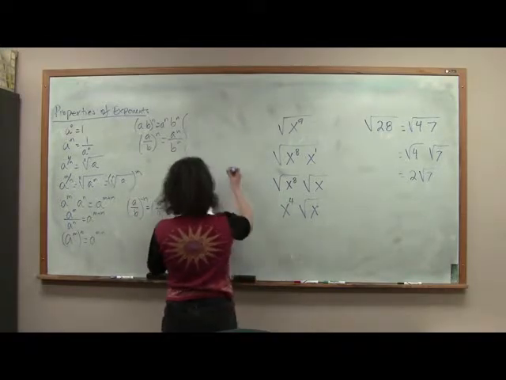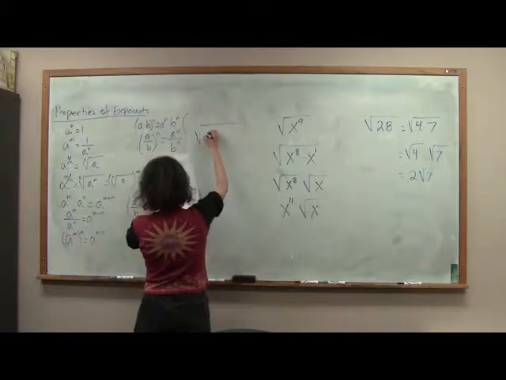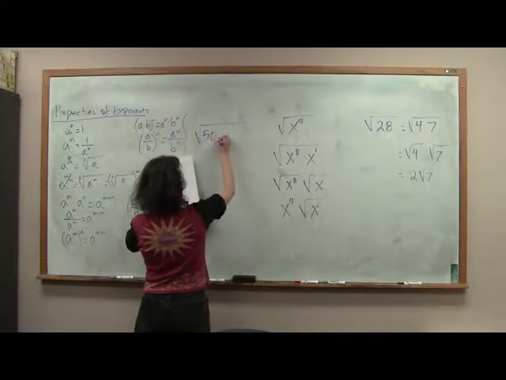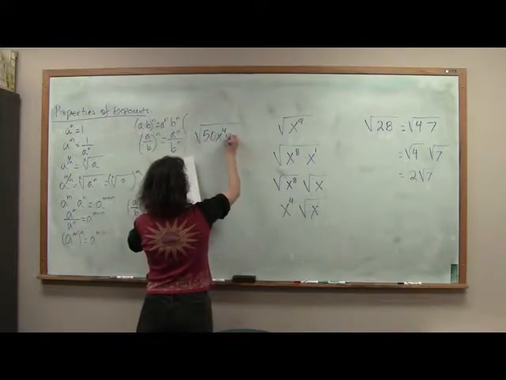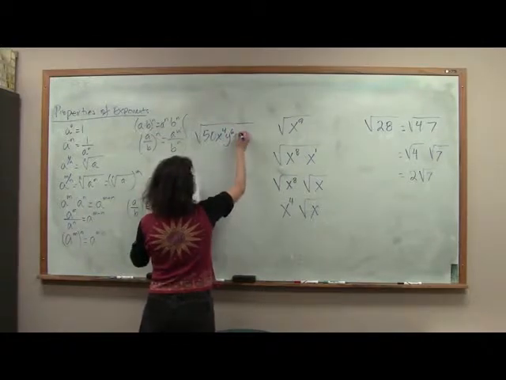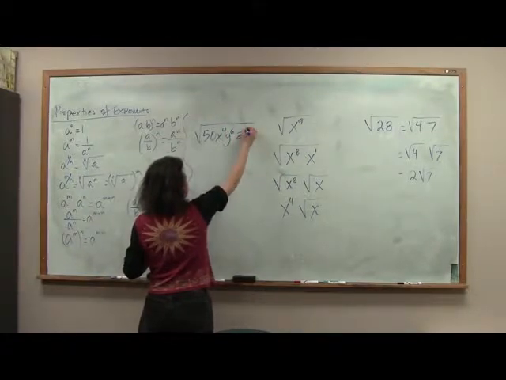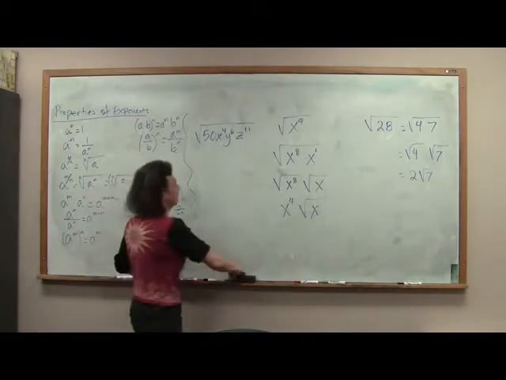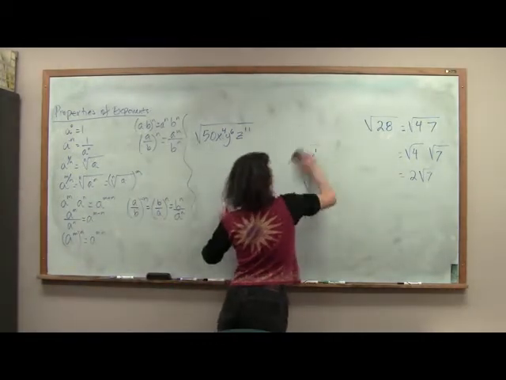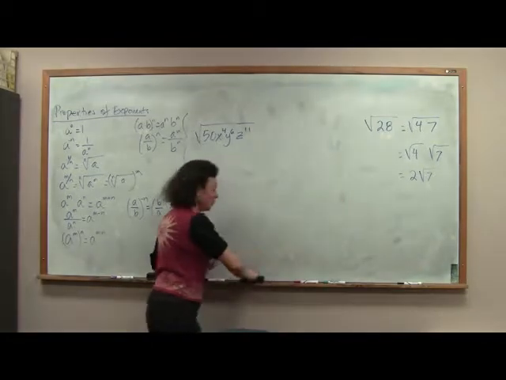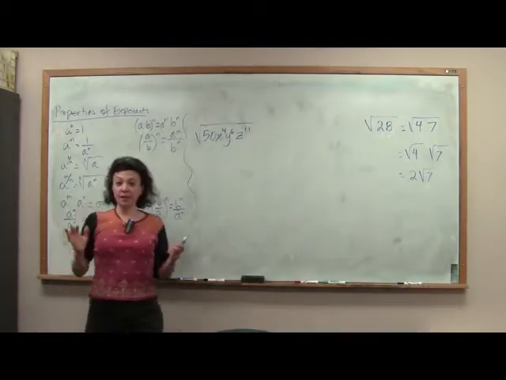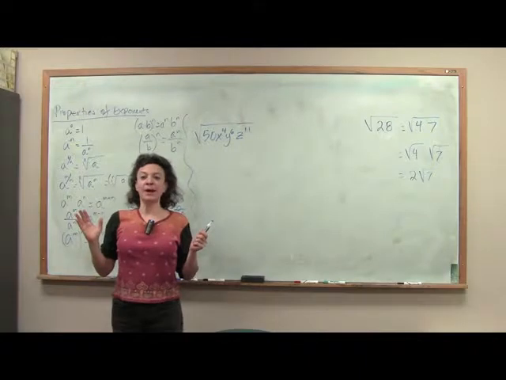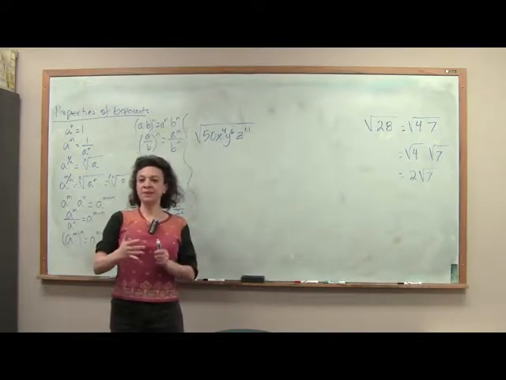What if I want to take the square root of 50 x to the 4th, y to the 6th, and z to the 11th? Okay, so what I'm going to do right now is just look underneath my radical, and I'm going to separate some things out.